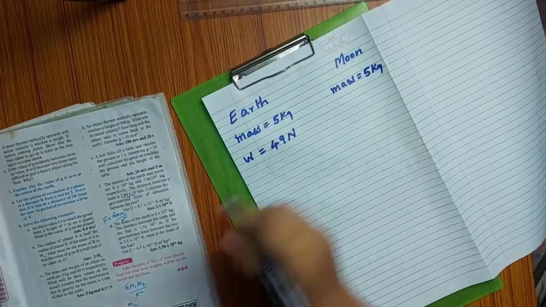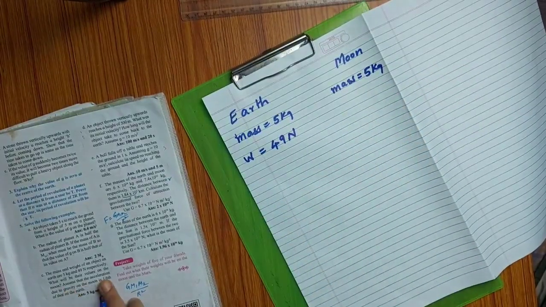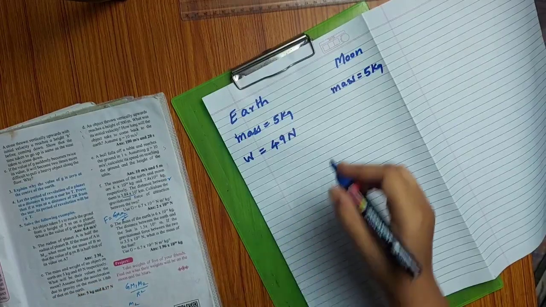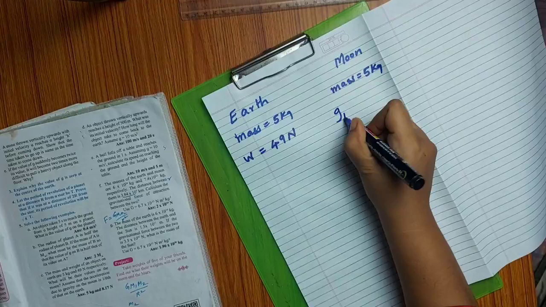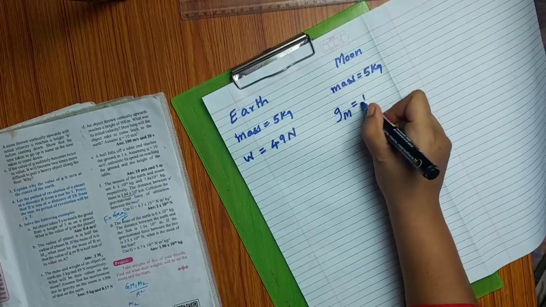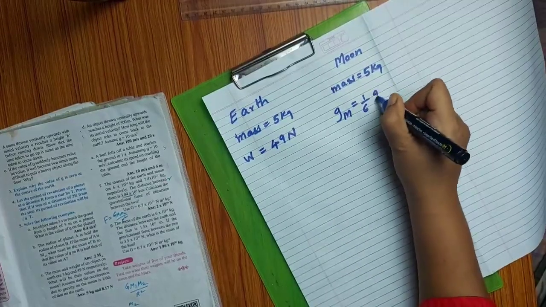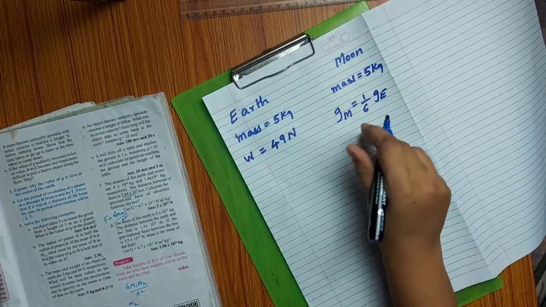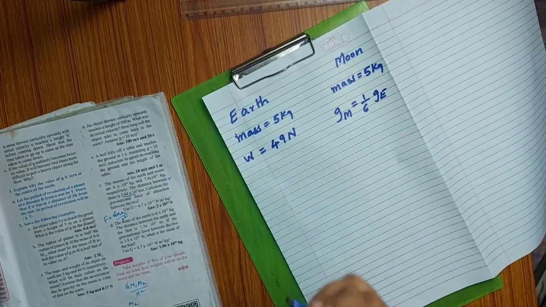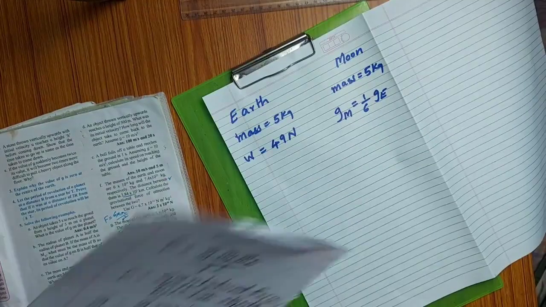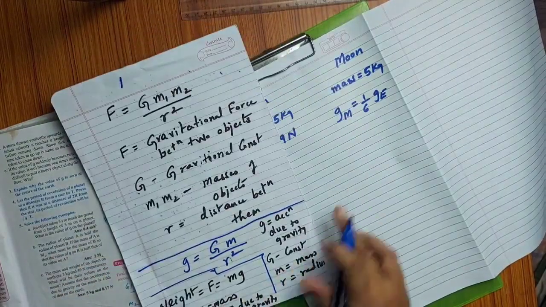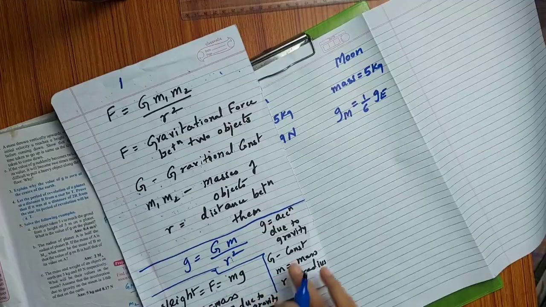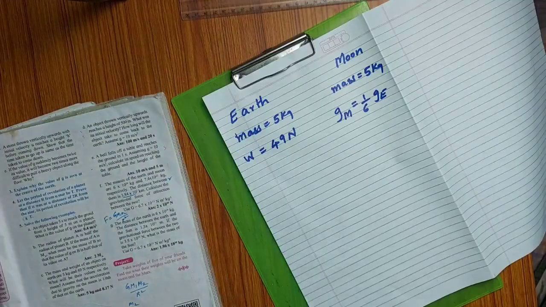One more condition given is: assume that the acceleration due to gravity on the moon is 1/6 of that of the earth. Now we will use the formula of weight, since the requirement is such that weight is equal to mass into acceleration due to gravity.